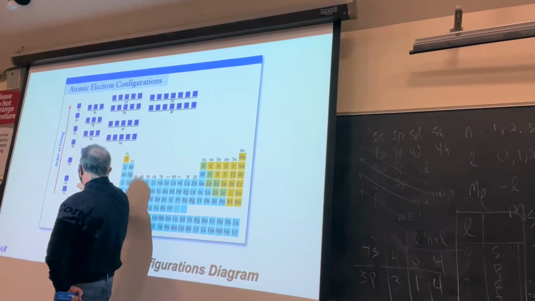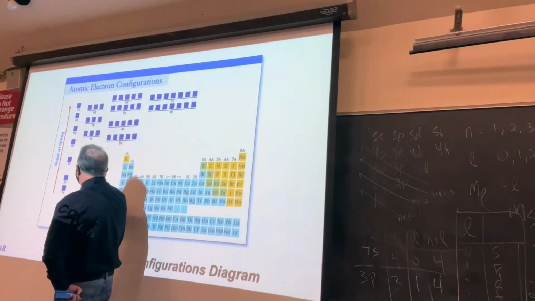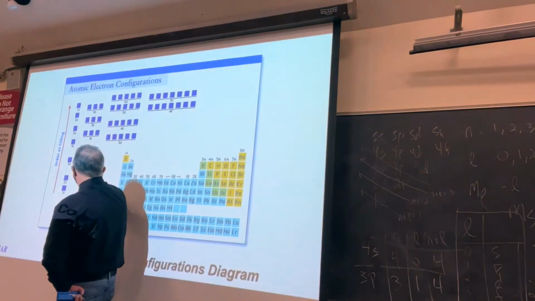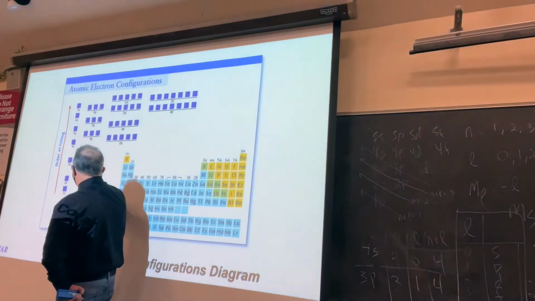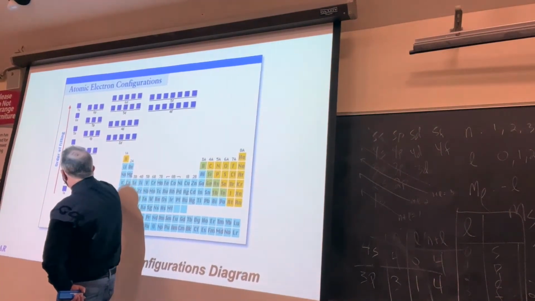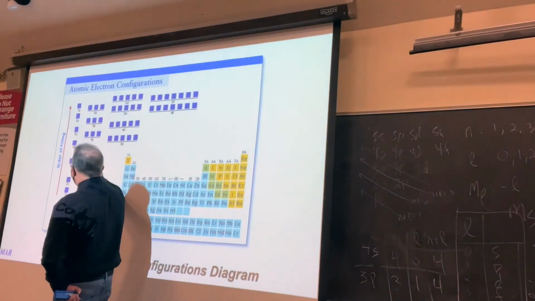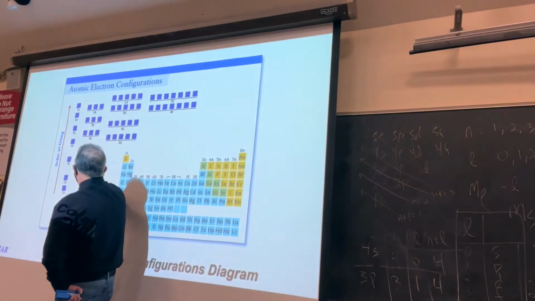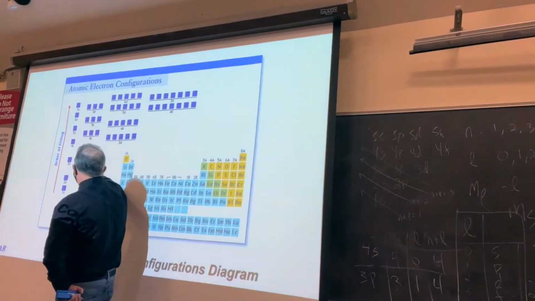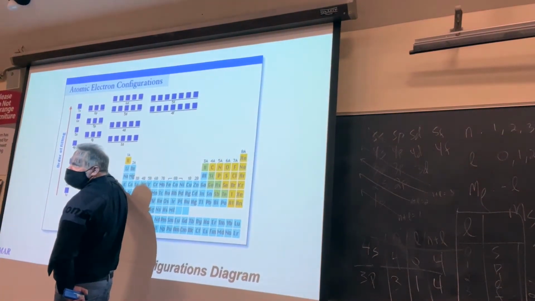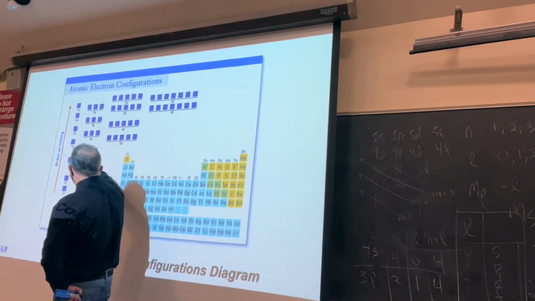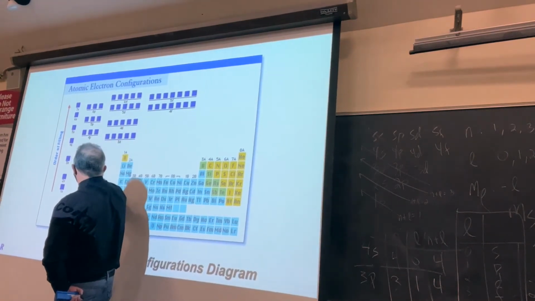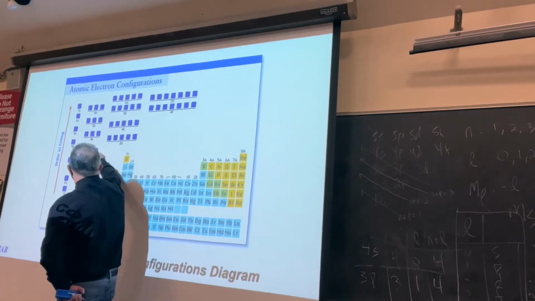But the p houses have 3 rooms, 3 m sub l's. So all of the p's mean L equals 1. And if L equals 1, m sub l goes from minus L to positive L: minus 1, 0, plus 1. So all of the p subshells are going to have 3 of these little boxes. And those represent m sub l, negative 1, 0, plus 1.